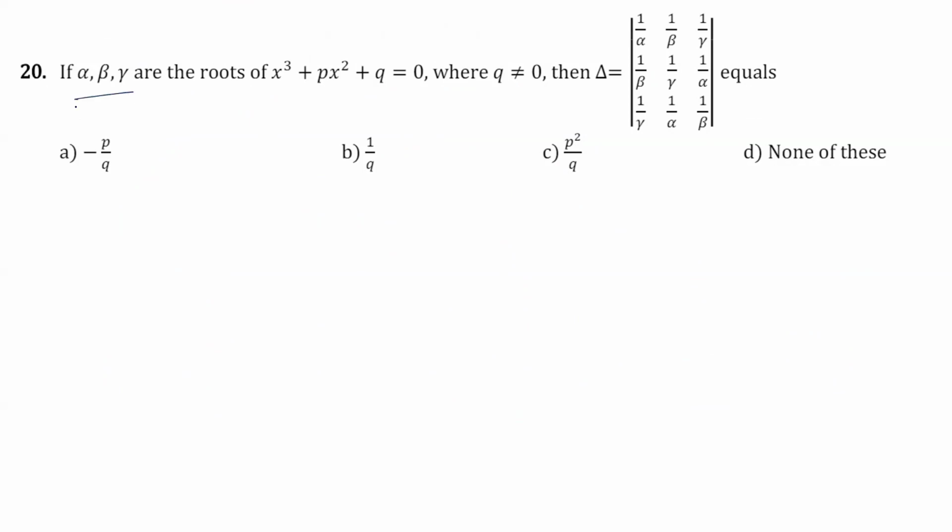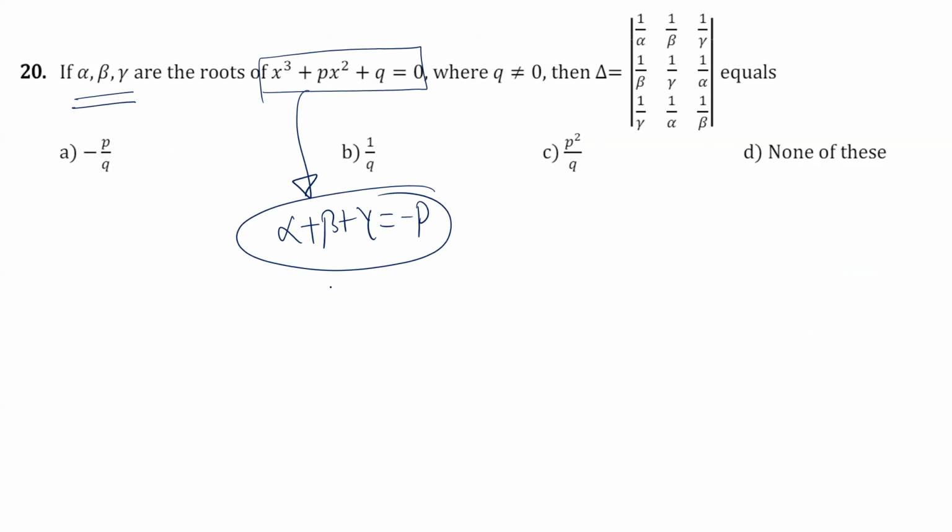Here, alpha, beta, gamma are roots of this equation. Okay, and here you can see that alpha plus beta plus gamma is sum of roots, that is minus p, and alpha beta gamma will be minus, then plus q by a, and that is 1 actually, q by 1.